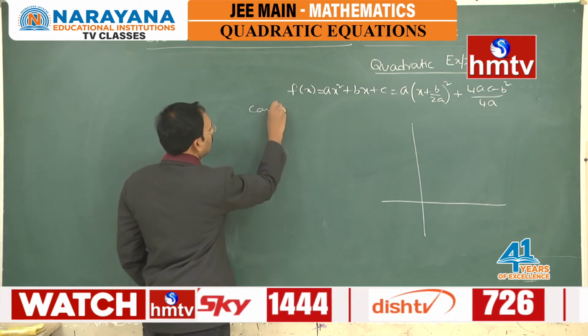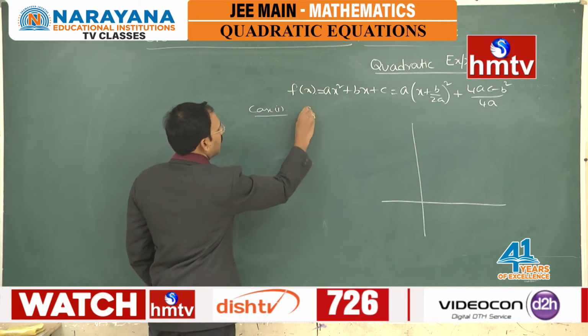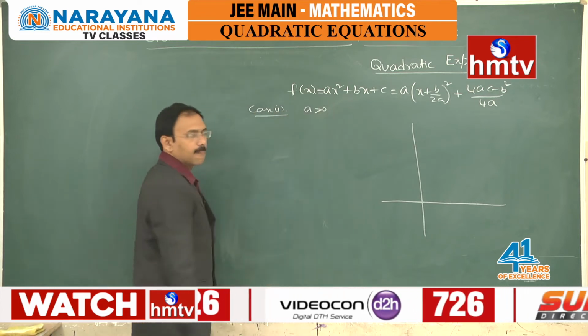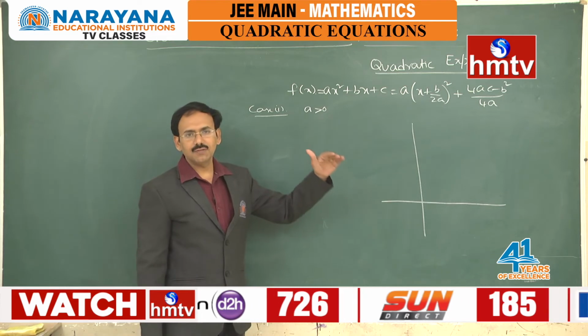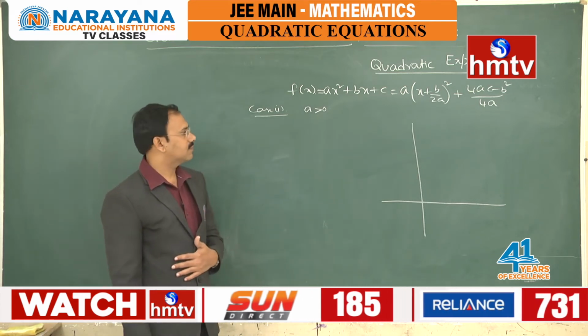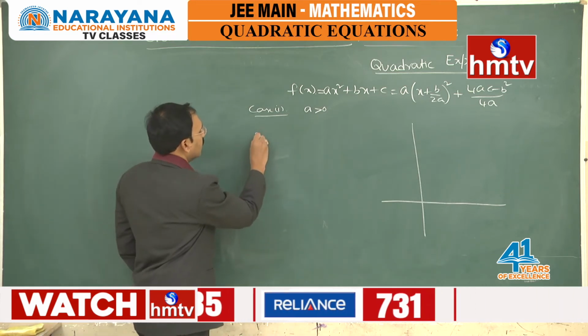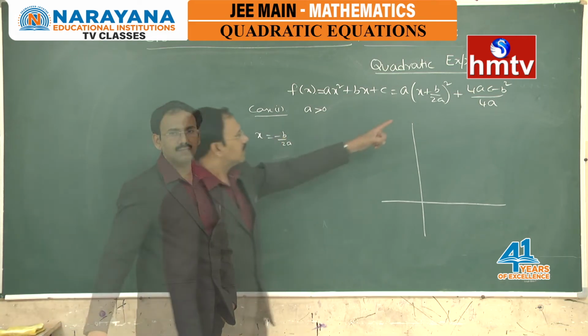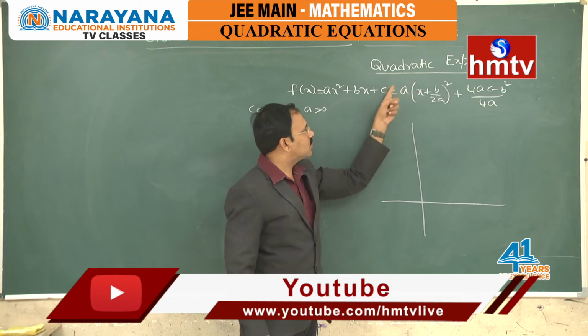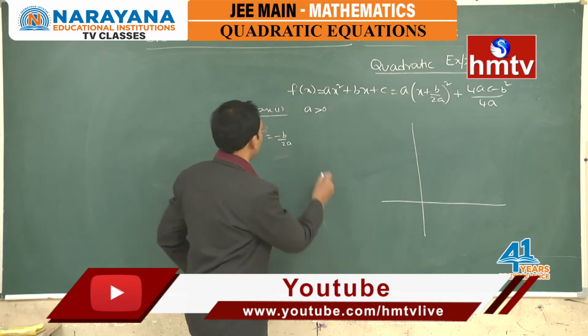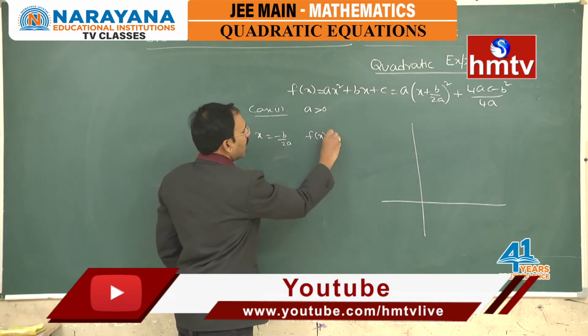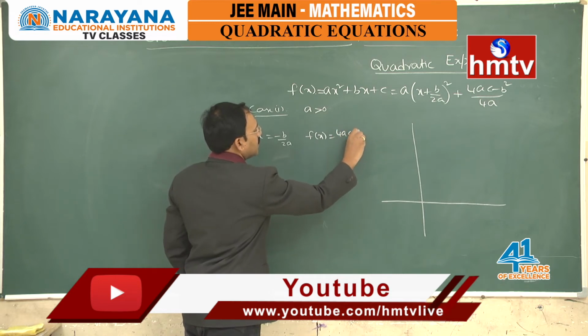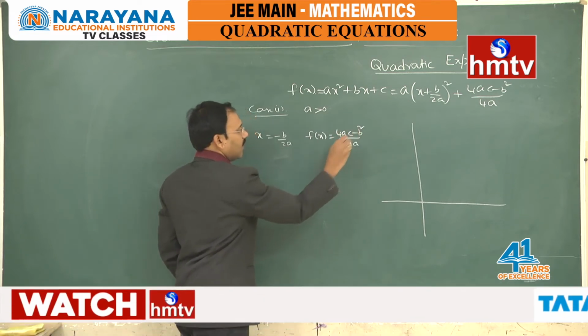Case 1, I take a positive. When a is positive, let us see the nature of the curve. It is very clear that when x is −b/2a, the squared term becomes 0, and the value will be (4ac − b²)/4a.